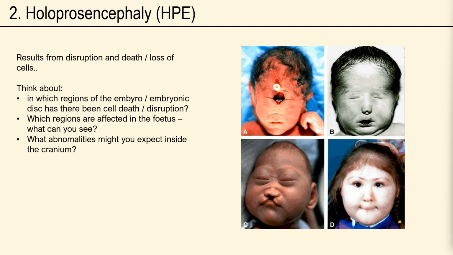For example, animal studies have indicated high doses of alcohol at this stage can kill cells in the anterior midline of the germ disc, producing a deficiency in the midline of the craniofacial structures and resulting in holoprosencephaly. In such a child, the forebrain is small and the two lateral ventricles often merge into a single ventricle, and the eyes are close together.